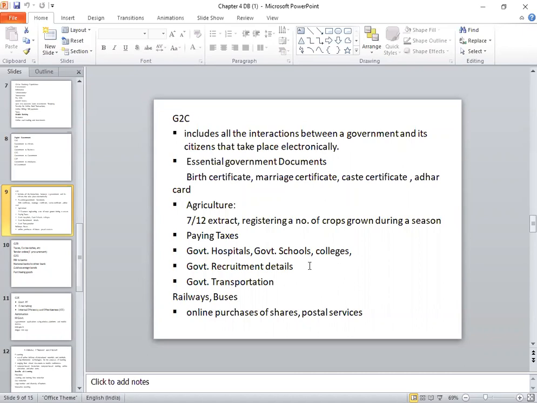If you consider the agriculture sector also, I have taken an example of 7/12 extract or the registration of the crops grown. Apart from this also, there are many applications. Like we have different kiosks for the farmers where they get easy information.